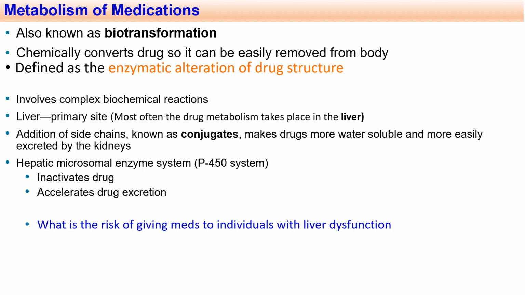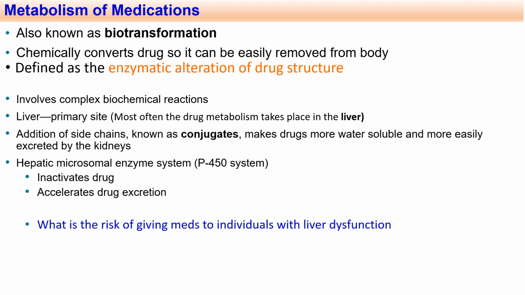Addition of side chains known as conjugates makes drugs more water soluble and more easily excreted by the kidneys. We have a concept called the P450 system, which is the hepatic microsomal enzyme system. It activates the drugs. It will accelerate drug excretion. Some agents known as prodrugs have no pharmacologic activity unless first metabolized to active form by the body.